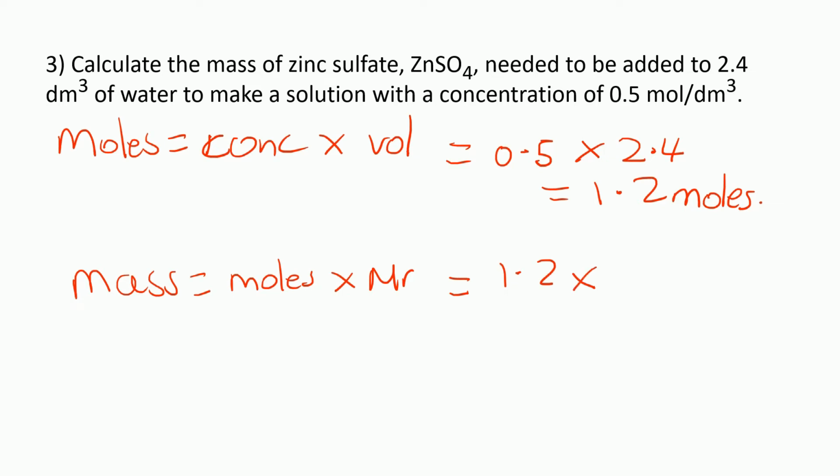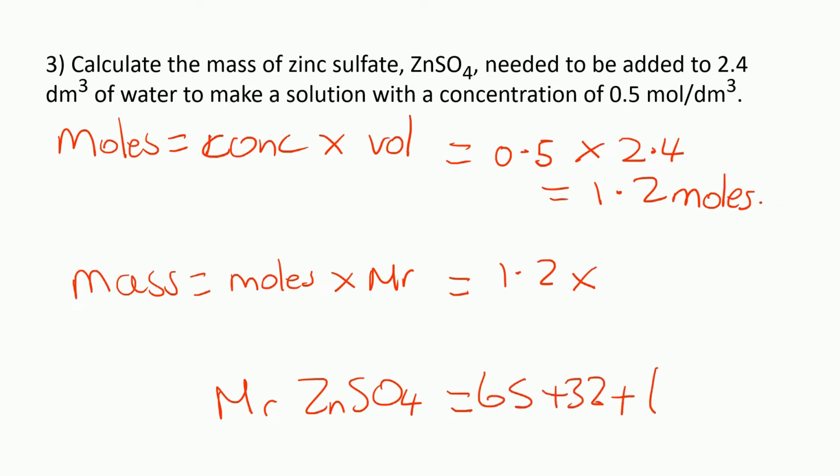So first of all we need to work out the Mr of zinc sulfate, and that is 65 for zinc plus 32 for the sulfur plus 4 times 16 for the oxygen, and that comes out at 161. So we put that in up here. Mass is moles times Mr, so it's 1.2 times 161, which is 193.2 grams.